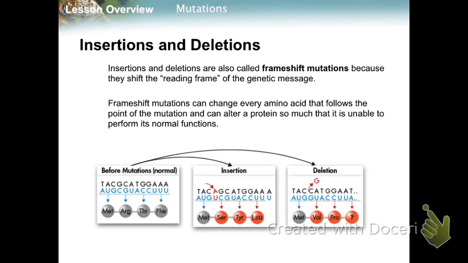These types of insertions and deletions are called frame shift mutations because they shift what we call the reading frame. The codons are shifted over by one base. They can, like I showed, potentially change every amino acid that follows the point of the mutation and can alter a protein so that it's unrecognizable and the cell will just destroy it and say this is defective.